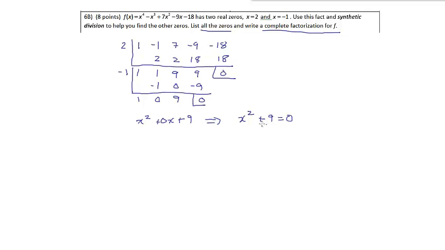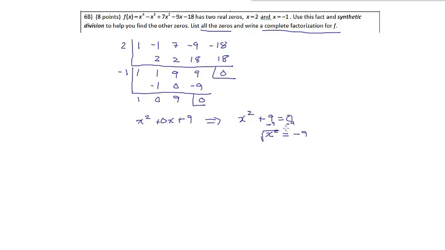And we want to find the zeros for this quadratic. And we can do the square root, kind of complete the square. We always put this value over on the right if we're going to do this by extracting square roots. Subtract 9 from both sides. We get x squared is equal to -9.